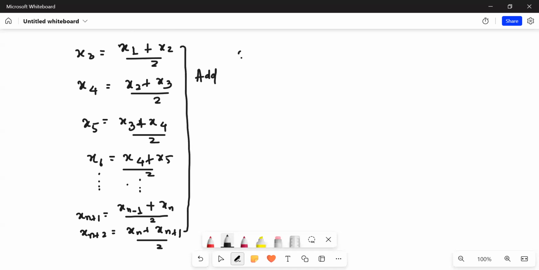Add. So what you'll get is x3 plus x4 plus x5 and so on up to xn plus 1 plus xn plus 2, and just a term before, you'll also get xn. And this entire thing is equivalent to x1 by 2, which is saved, plus x2 by 2 and plus x2 by 2, so you have x2.